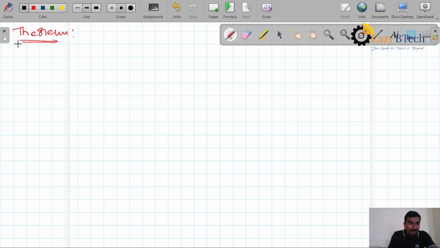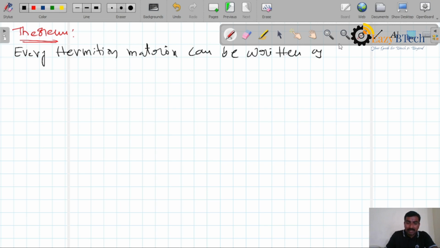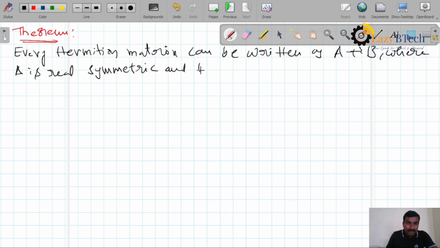Every Hermitian matrix can be written as A plus iB, where A is real symmetric and B is real skew symmetric.